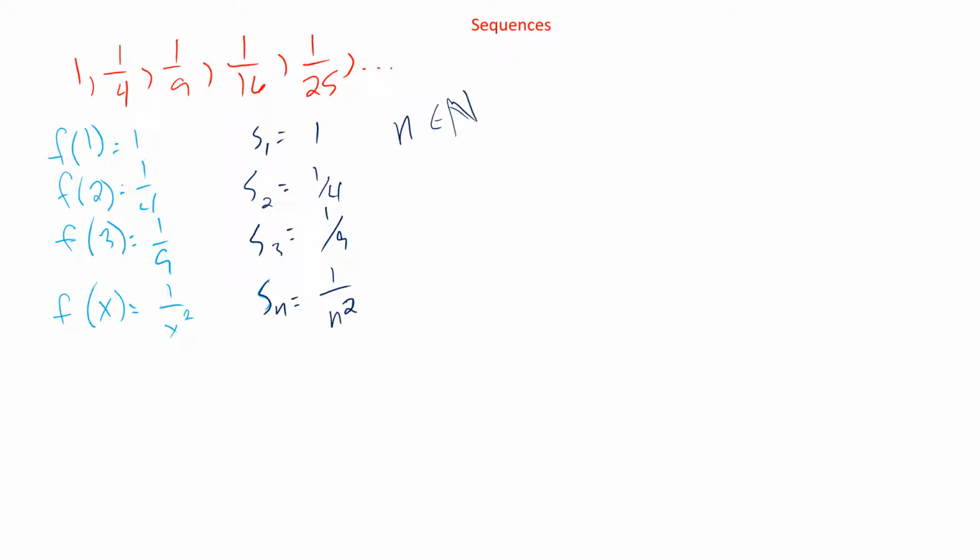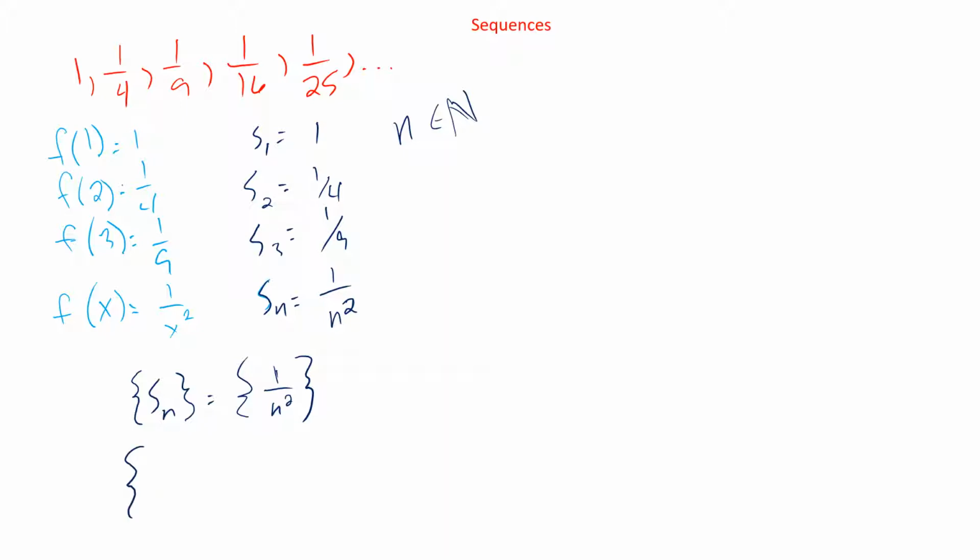When we write the name of a sequence, this would be the nth term, s_n. If we wanted the sequence s_n, we would put it in squiggly brackets: s_n equals 1 over n squared. We can specify the domain if we wanted to.